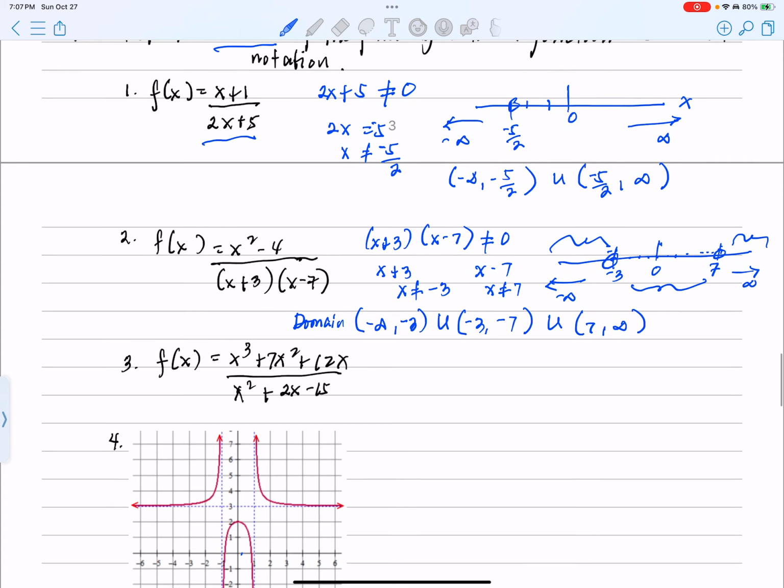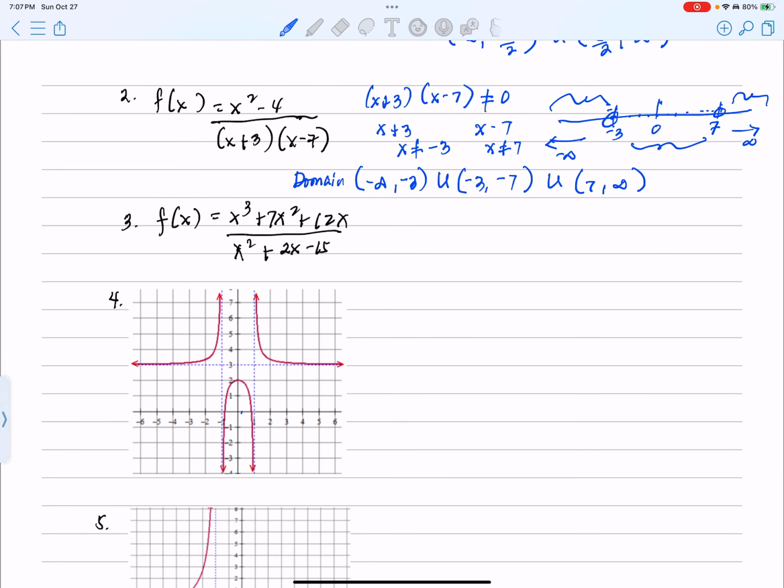Okay, for number 3, we have x cubed plus 7x squared plus 12x over x squared plus 2x minus 15. Let's focus on the denominator. We can factor this out by 15, by 5, and by 3. So we make x plus 5 and x minus 3 not equal to 0.